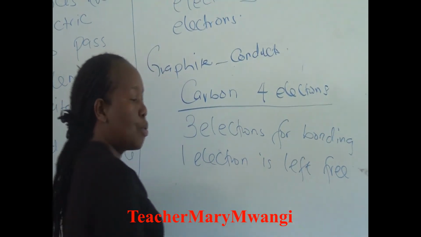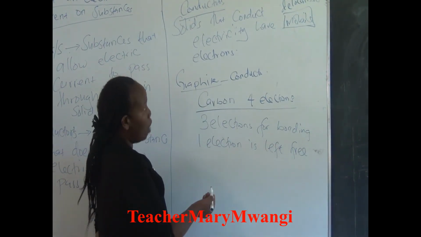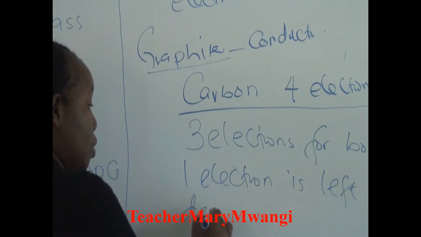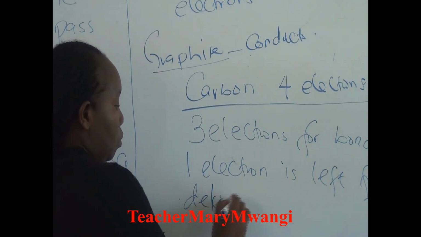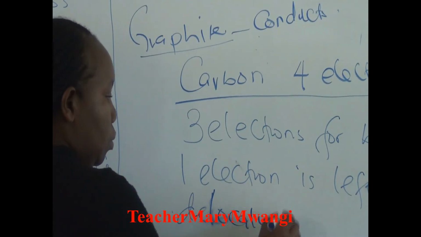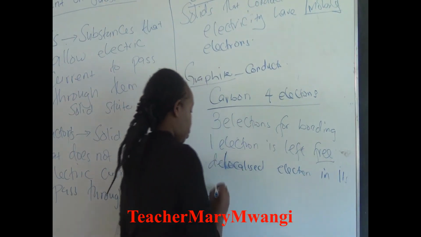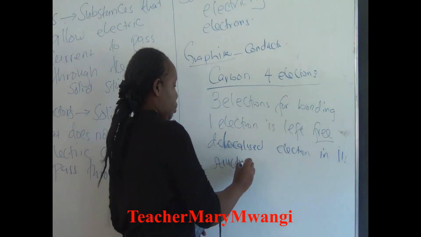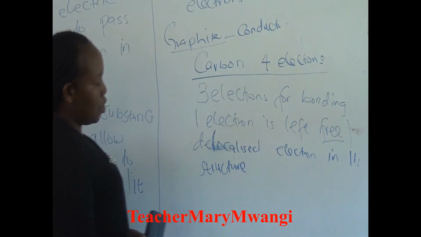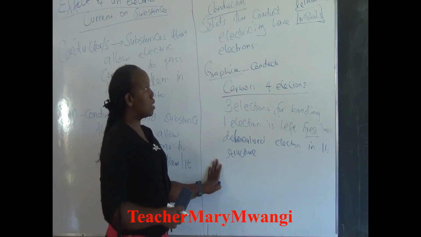And this is the one that is responsible for electrical conductivity in graphite. And it qualifies now as one of the conductors because it has got a free or a delocalized electron in its structure, and this qualifies it as a conductor.